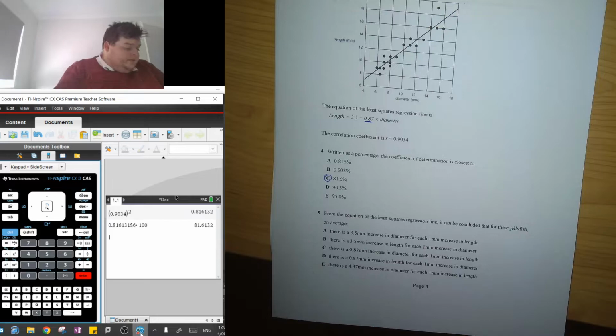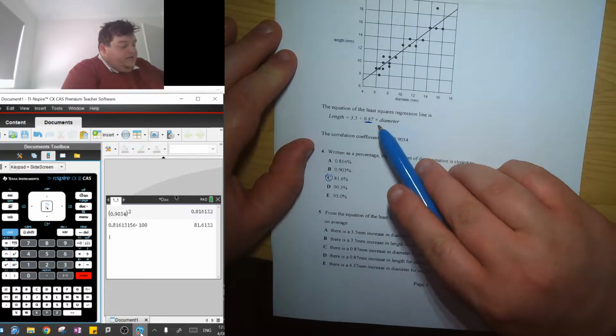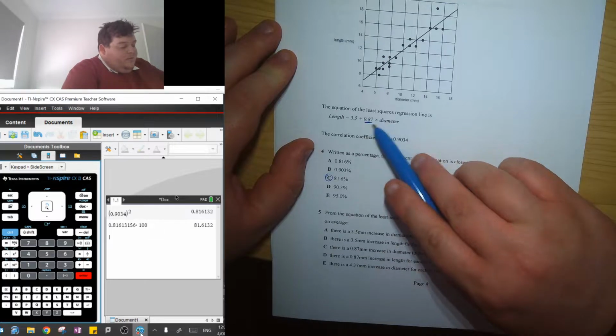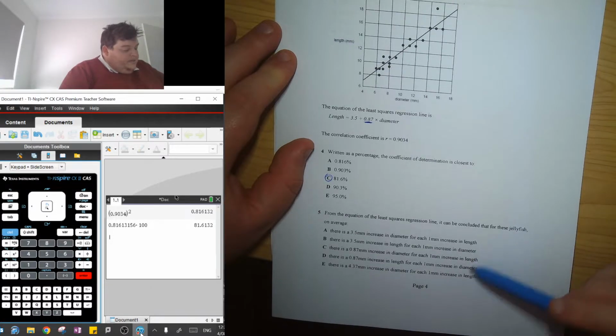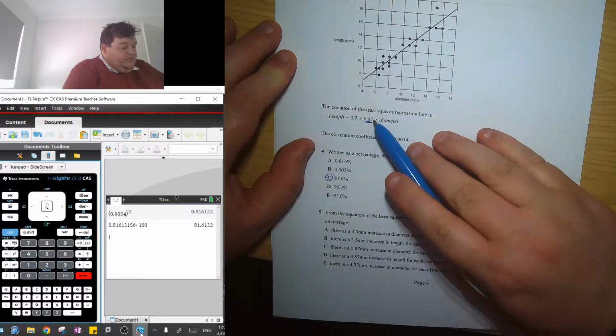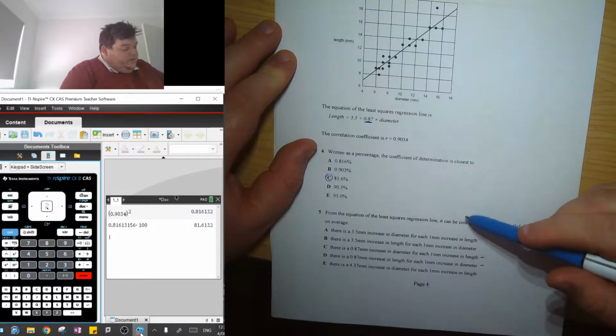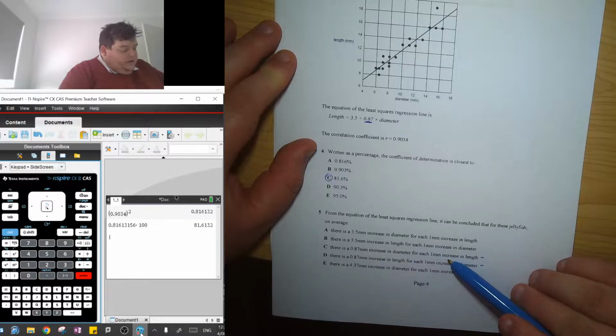So, there is a 3.5 millimeter increase in diameter for each one. That's not what we're looking for, because what's happening is it's starting at 3.5, and then for each increase in one diameter, we actually go up by 0.87. There is a 3.5 millimeter increase in length for each 1 increase in diameter. That's not true either. So I suspect that it'd be one of these two, just because they both mention the actual gradient there. There is a 0.87 millimeter increase in diameter for each millimeter increase in length.